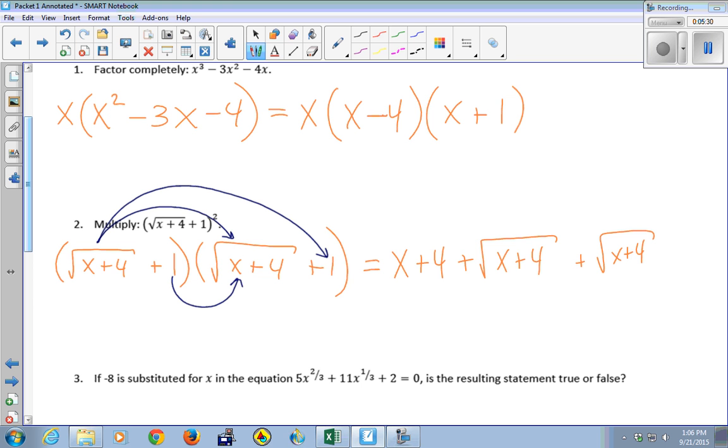And then 1 times 1 is 1. So if I combine like terms, I have an x. Plus 4 and plus 1 is plus 5. And then radical x plus 4 plus radical x plus 4, 2 radical x plus 4.